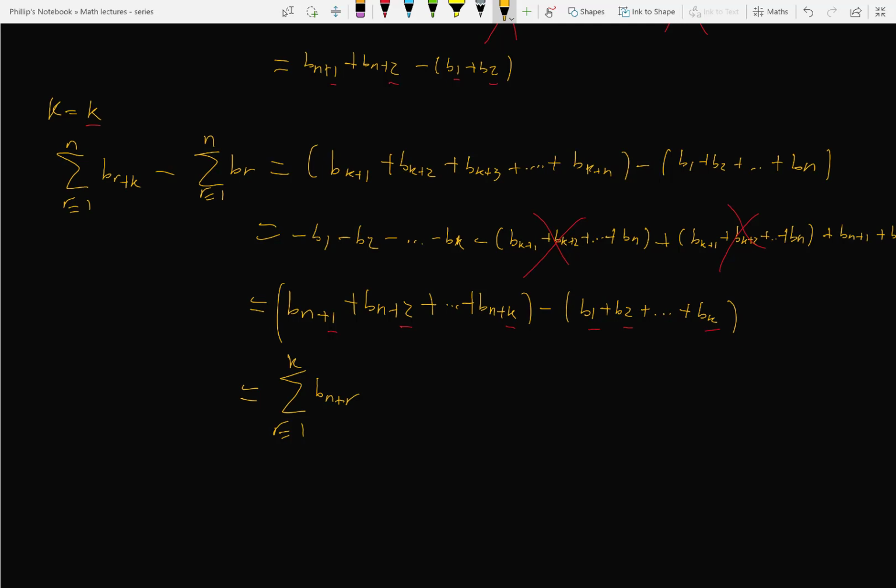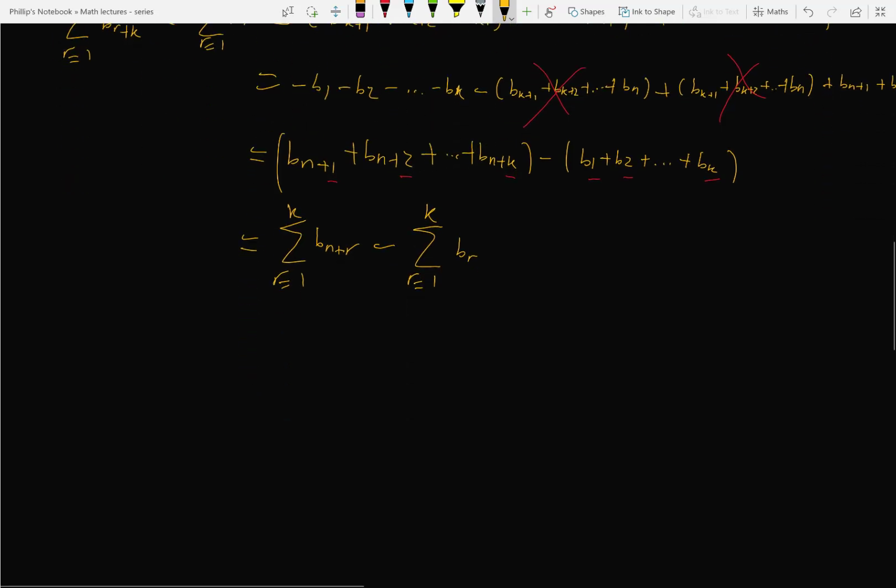So we've got b(n+1), b(n+2), all the way to b(n+k), and then we do minus the sum from r equals 1 to k of b_r. So that's what we're going to be doing. So yeah, that's the generalized formula for them.